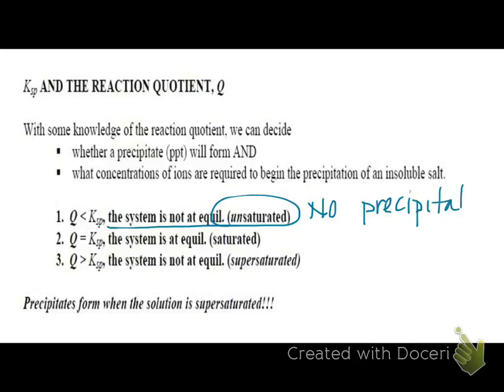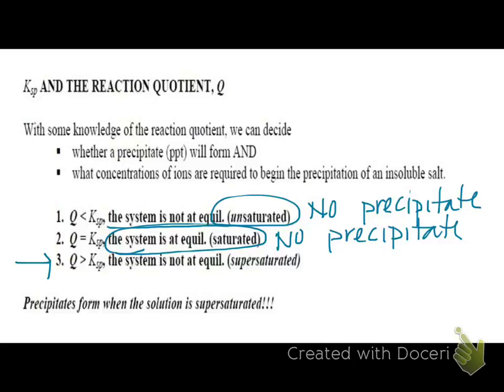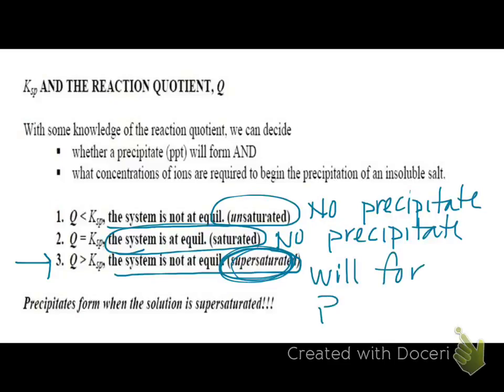If it's at equilibrium, it's right at saturated. So again, no precipitate would form. But if Q is greater than KSP, that means you are not at equilibrium, and you're supersaturated. So that means you will form a precipitate.